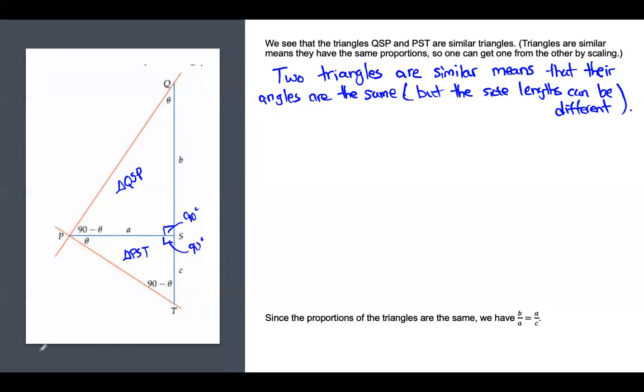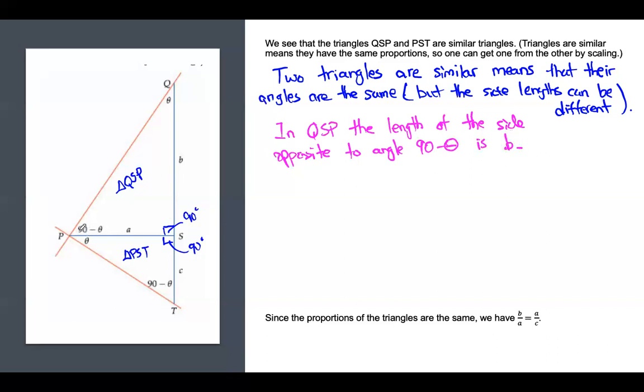So let me write in a different color. So in this triangle QSP, the length of the side, let me write this down first, opposite to the angle 90 minus theta is B. We can see 90 minus theta, this is our length here, B. They're opposite.